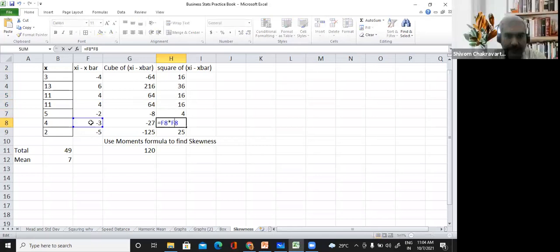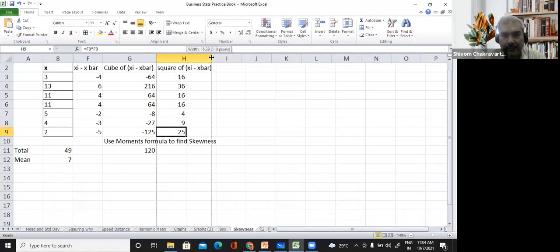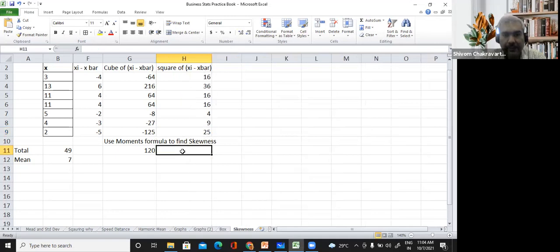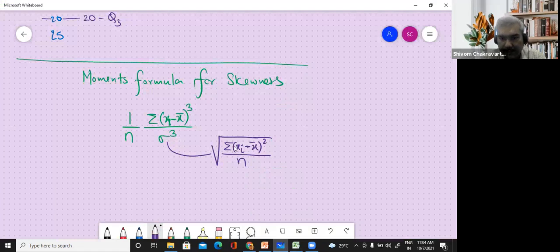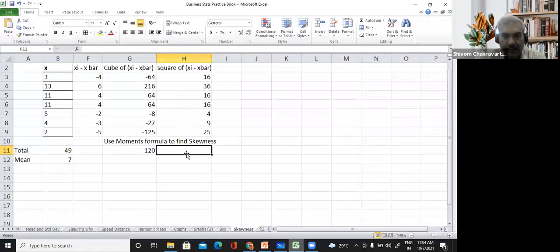Here it has multiplied minus 3 by minus 3, which gives us 9. Like that, we have calculated all the squares of xi minus x bar. Now what does the formula say? The summation of xi minus x bar squared, so we will sum all of those.